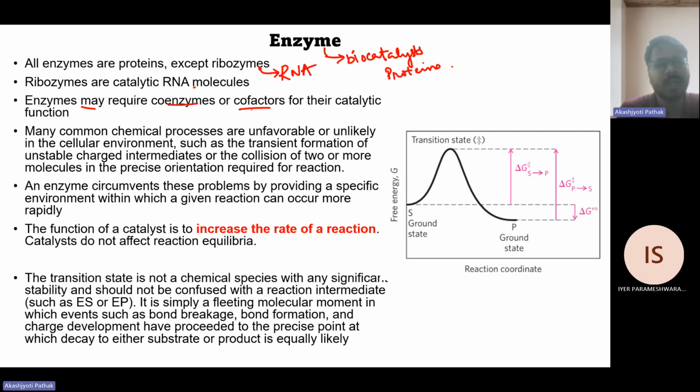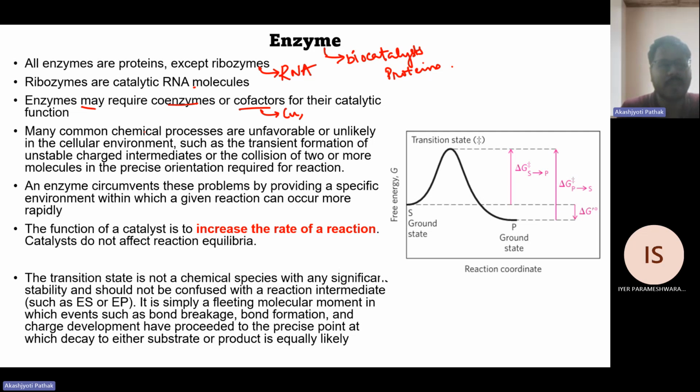Cofactors may be different metal ions like copper or zinc, and coenzymes can be like NAD and FAD. These coenzymes and cofactors may also be required for their catalytic function. Now, why are enzymes required in living cells?